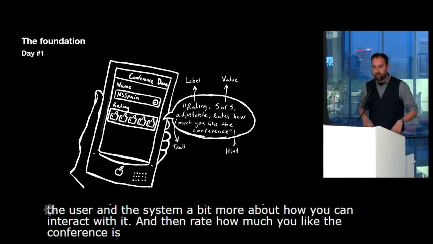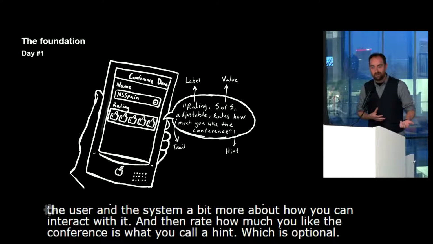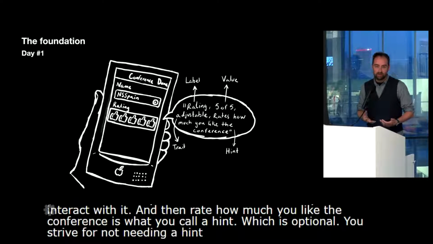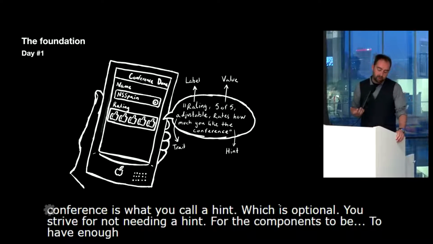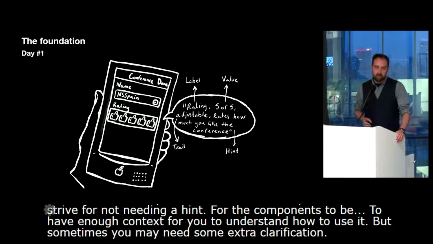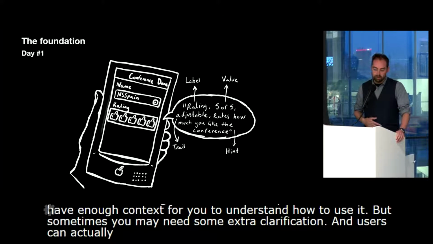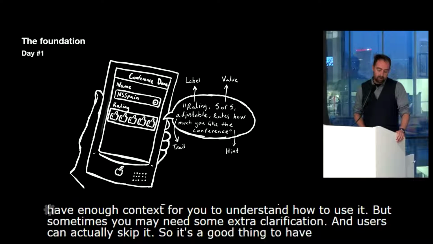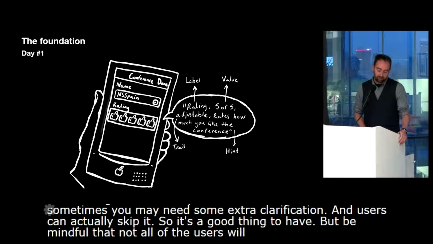You strive for not needing a hint, and for the components to have enough context for you to understand how to use it, but sometimes you may need some extra clarification. And users can actually skip it. It's read after a pause, so yeah, it's a good thing to have, but be mindful that not all of the users will listen to it.